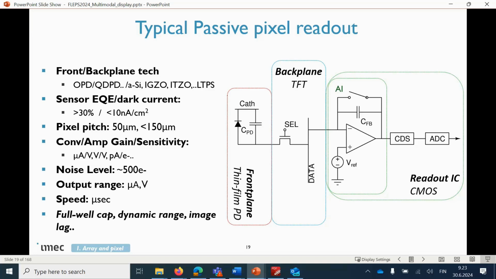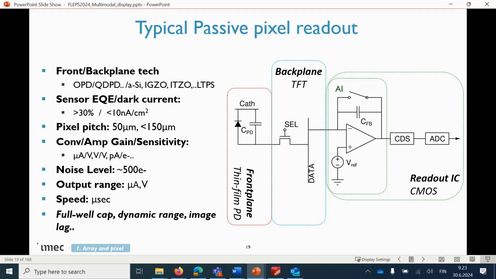People need to make decisions on the front plane and back plane, for example. The front plane is the thin film photodiode. The back plane is the TFT technology that you need. That can be from amorphous silicon to LTPS. And also for the front plane, it can be an organic, it can be a quantum dot photodiode, it can be an amorphous silicon photodiode.